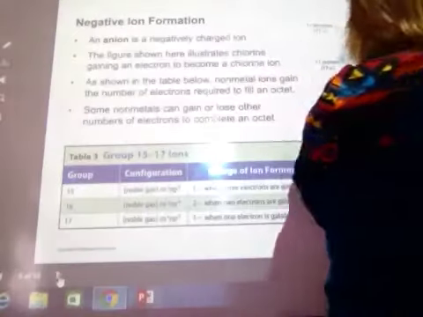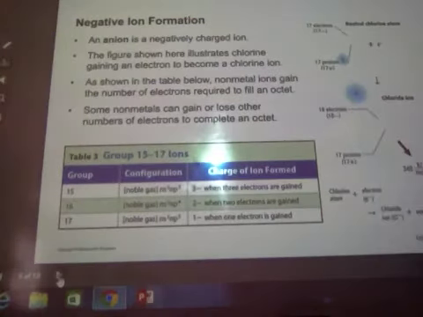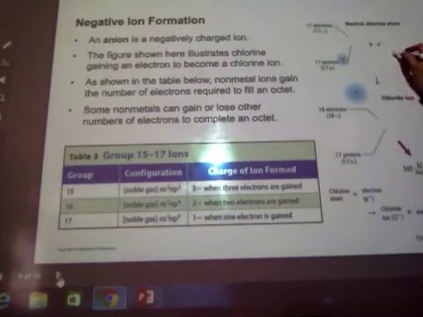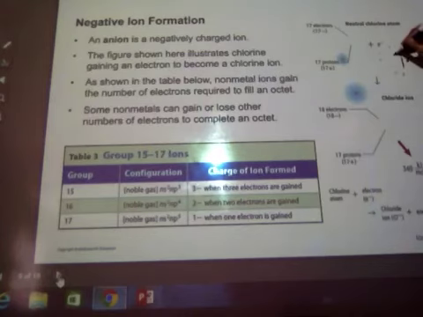The example that they have is chlorine. So chlorine has 7 valence electrons, so it has to gain 1 to get to 8. So that's going to give it a -1 charge.